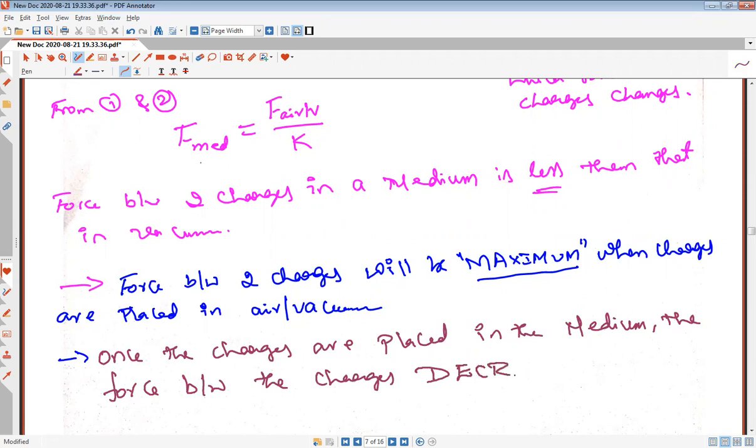Remember this. Once the charges are placed in the medium, the force between the charges is going to decrease. Force between two charges will be maximum only when the charges are in air or vacuum.